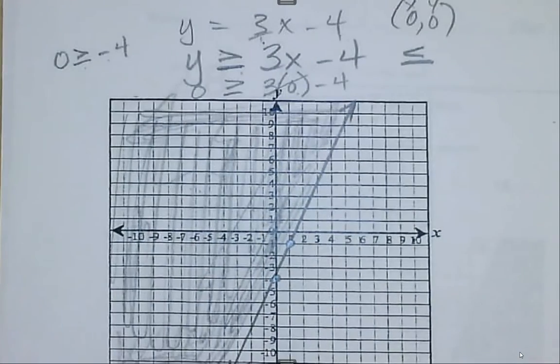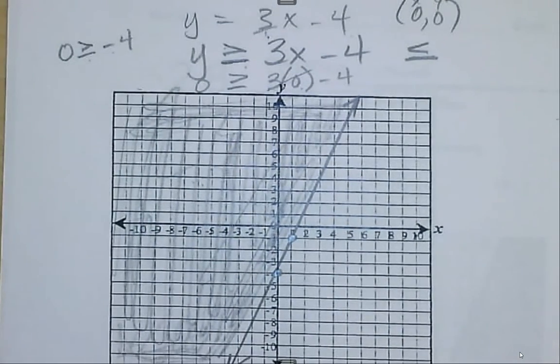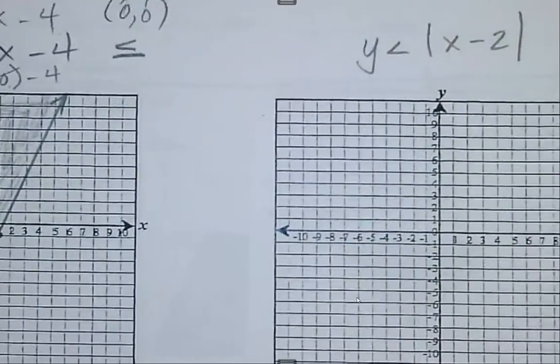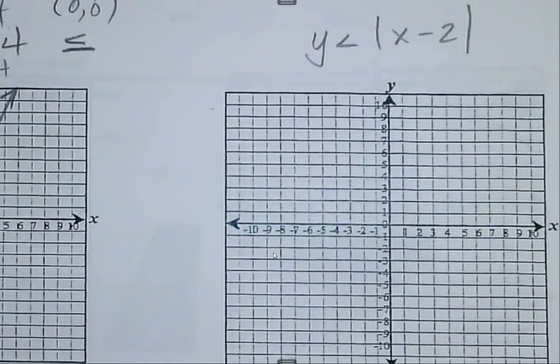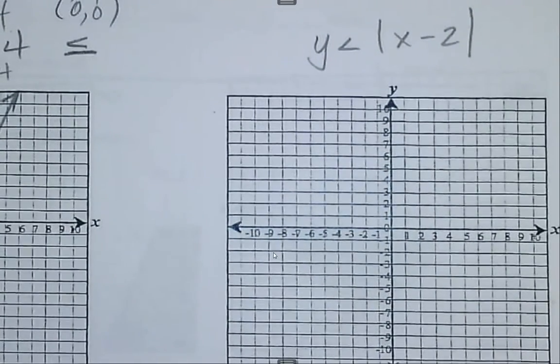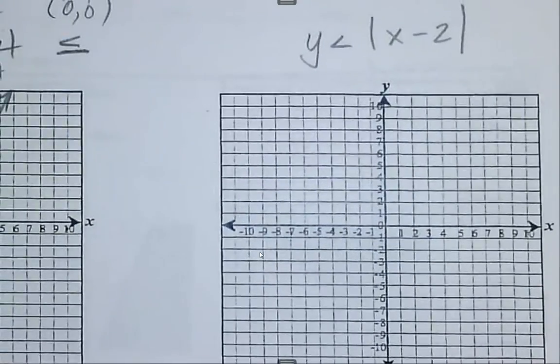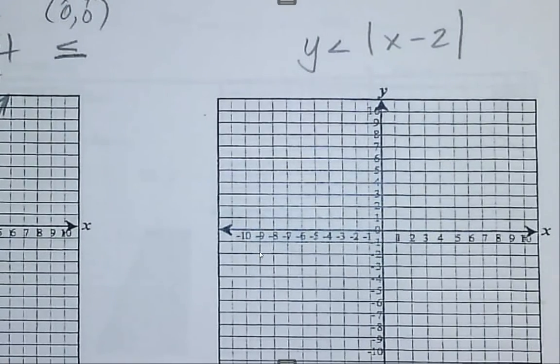Now let's use that same principle and thought process to talk about absolute value inequalities. Okay, so again, I'm going to look at this just like it's an equation, but I'm going to deal with the inequality symbol here in just a minute.